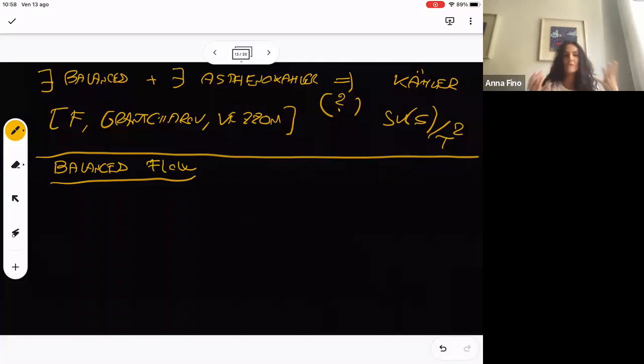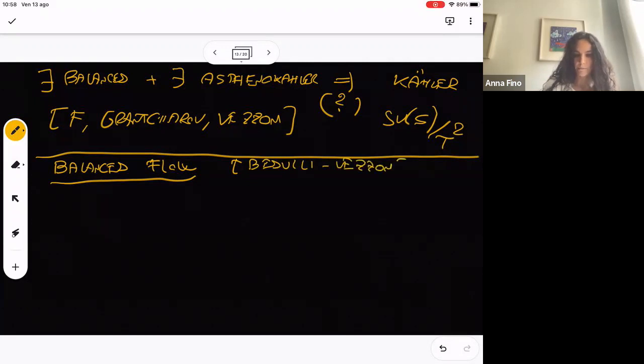So of course, a natural problem would be: can we have a flow preserving both the balanced condition and the pluriclosed condition? This is completely open. Okay, the balanced flow was introduced by Bedulli and Vezzoni, and this is essentially a generalization of the Calabi flow.